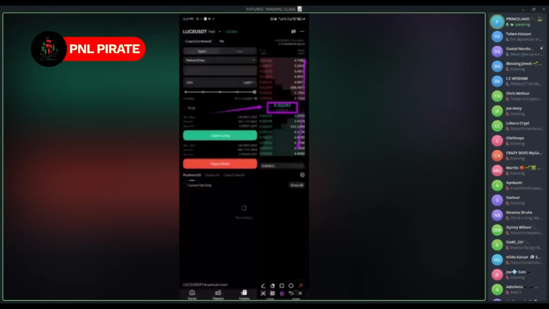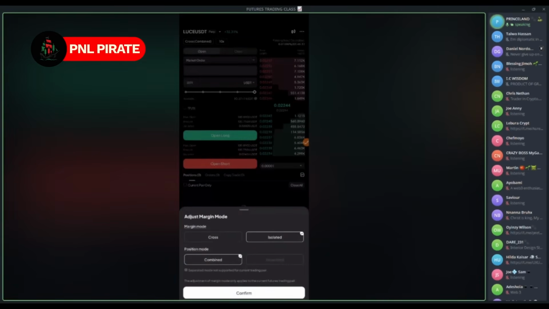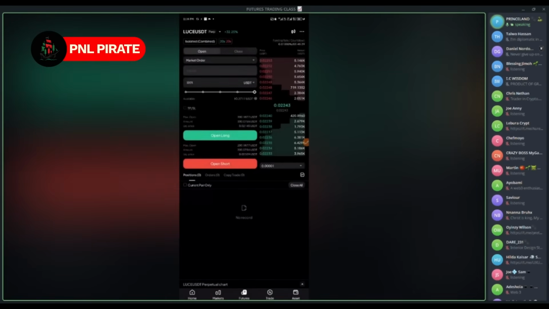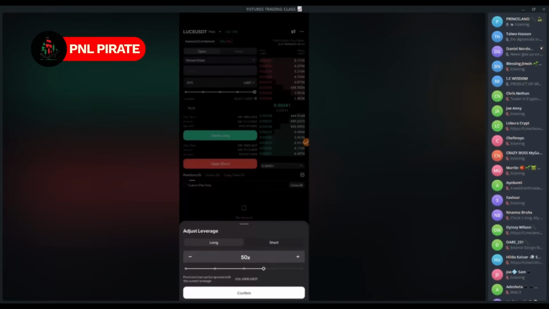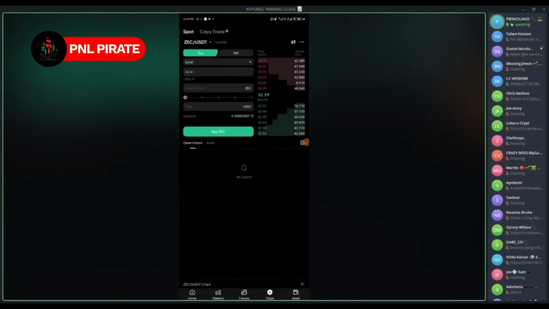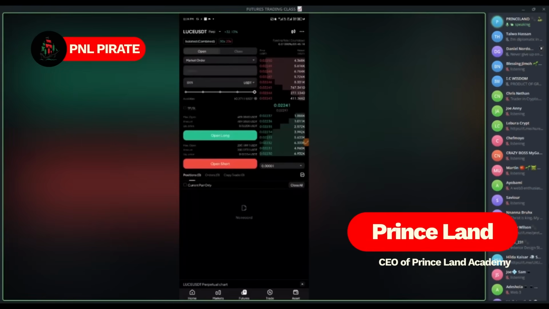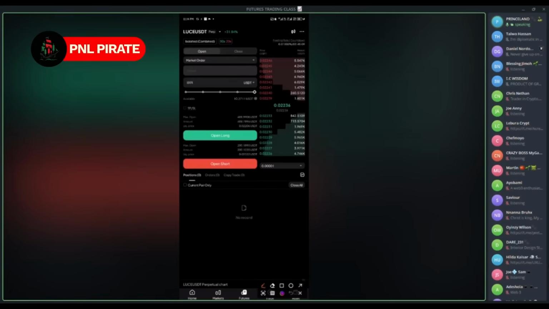So imagine you are using 50%. Listen, this is how people get liquidated and say futures trading is a scam. You are using isolated margin, which I told you is 100%, and you go and put 50x leverage here. My friend, do you know the implication of what you have done? You have put your leverage at 50. When this price changes by 2 times, it's at 36 now.